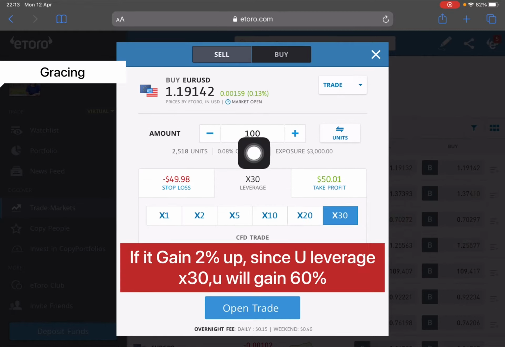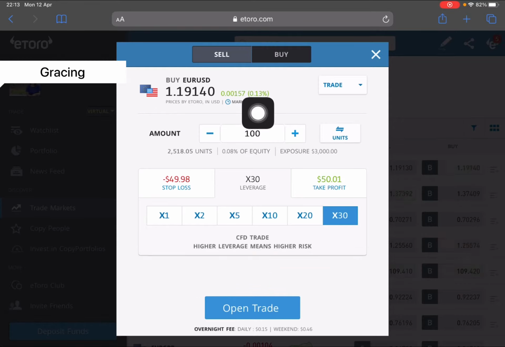So if this one gains 2%, immediately your 100 will have a 60% gain, right? That's super wow. But on the other hand, if this one becomes negative 2%, of course immediately you will lose 60%. So the higher the leverage, the higher the risk.